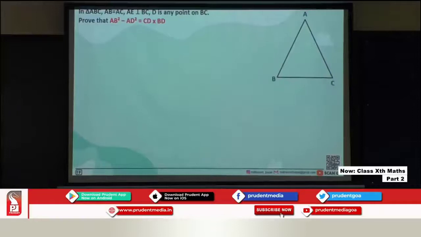So I have the sides done, and since they are equal, let me mark them equal. Okay, and AE is perpendicular to BC. Okay, so perpendicular. D is some point on BC, right? So let me mark a point and join this. Okay. Now what are you asked to prove? You are asked that AB square minus AD square is equal to CD multiplied by BD.